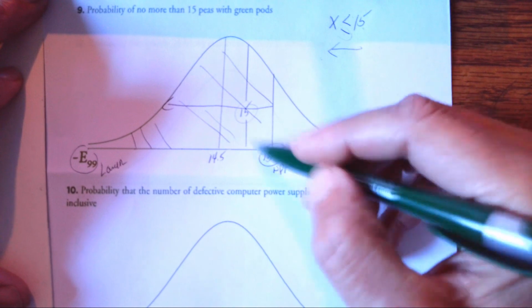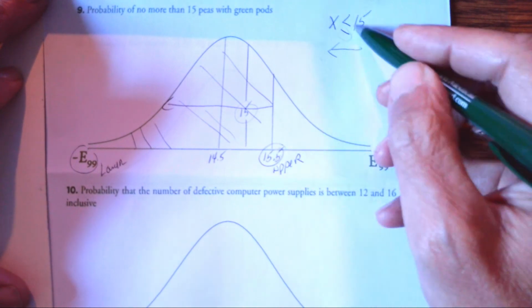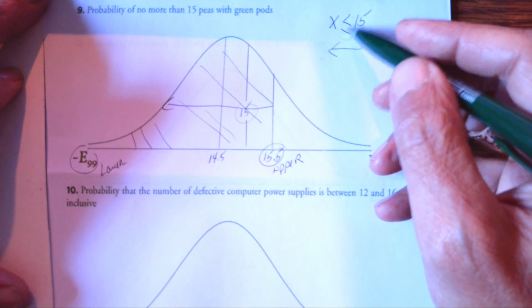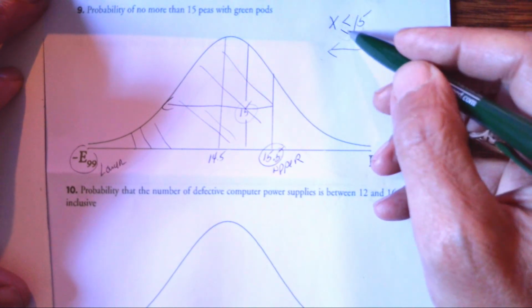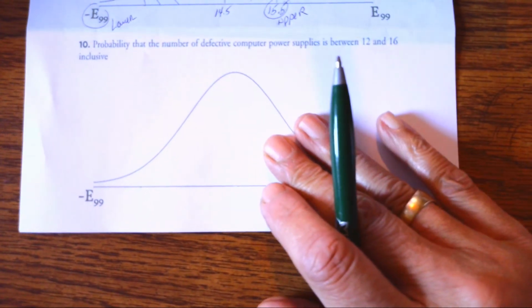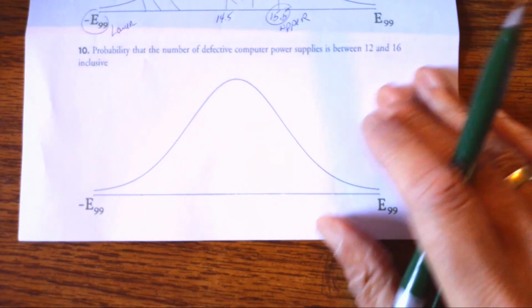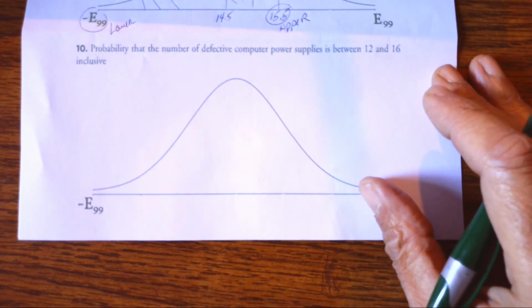When you draw your graph, it's not going to seem like it's agreeing, but that's the whole concept of continuity correction, when you have a less than or equal to, or a greater than or equal to. So be aware of that. Don't let your hair catch on fire. And these here, I'm not even sure you're going to see this on an exam, but it's part of the PowerPoint.